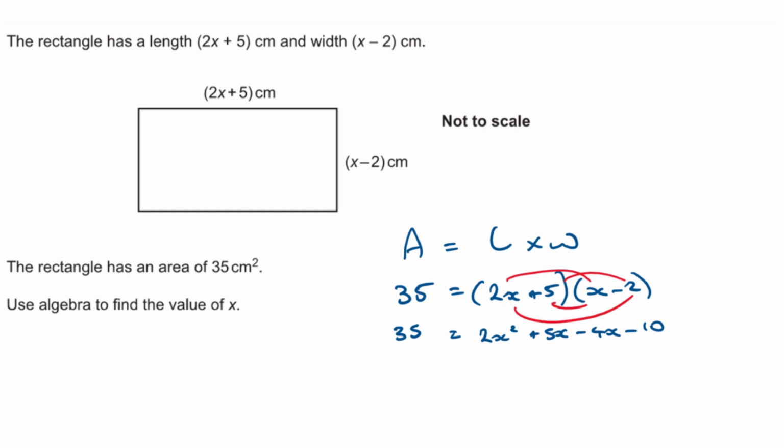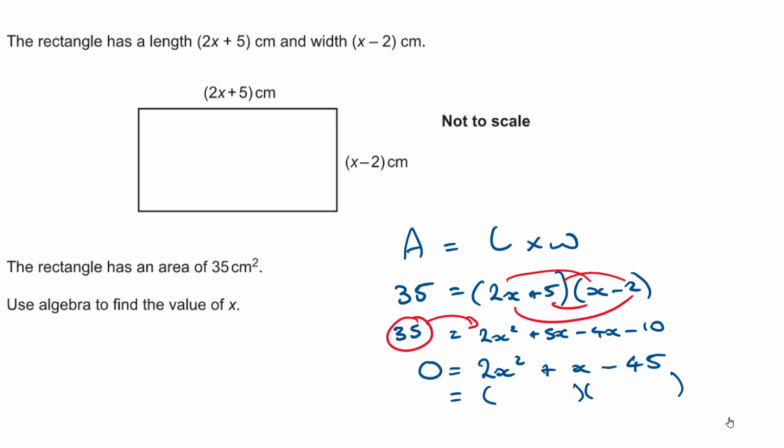So that 35, sitting there, I'm going to move over to the other side. So collecting like terms, 2x squared, 5x take away 4x is x, minus 10 with my other 35 coming over is going to be minus 10 minus 35, which is minus 45. And that's going to be equal to 0 because there's nothing left on the left. Okay, so I've got 2x squared plus x minus 45. Can I factorize that? I hope so.